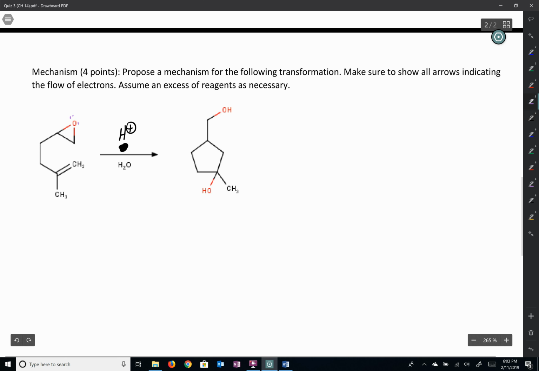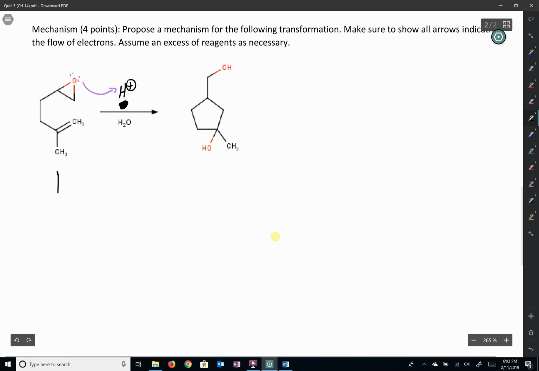We've got an epoxide. The epoxide is going to reach out, grab that hydrogen. So after our first step, we have a protonated epoxide.